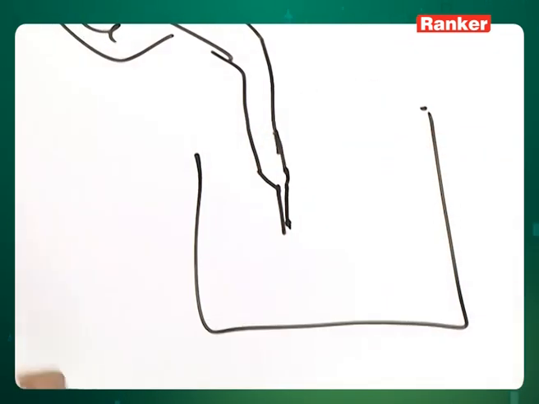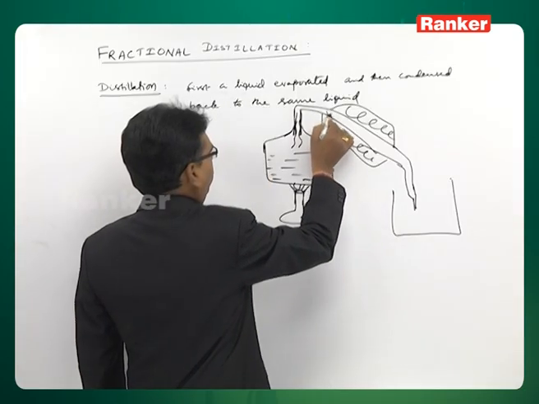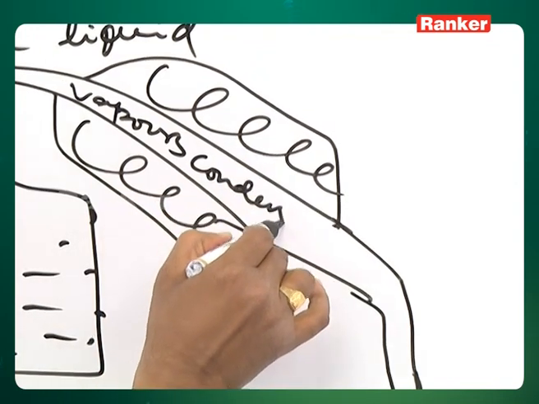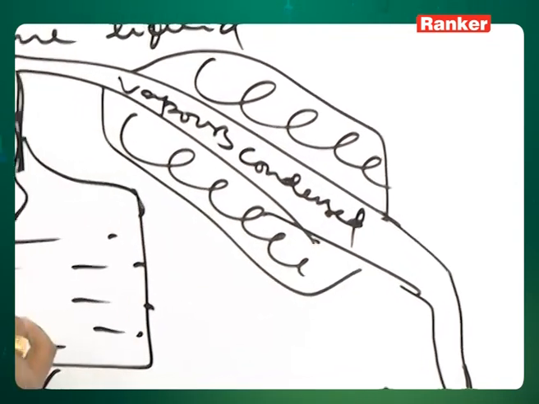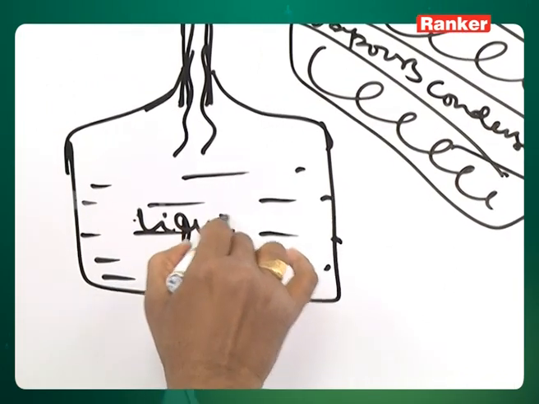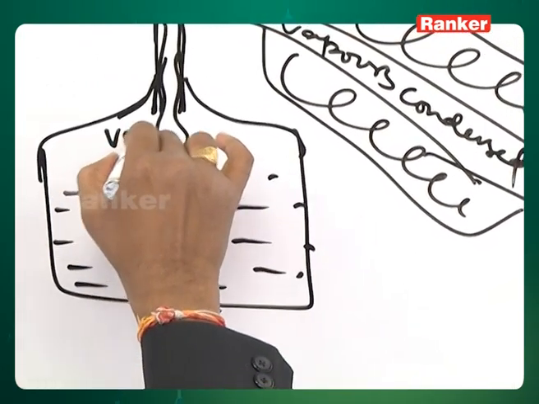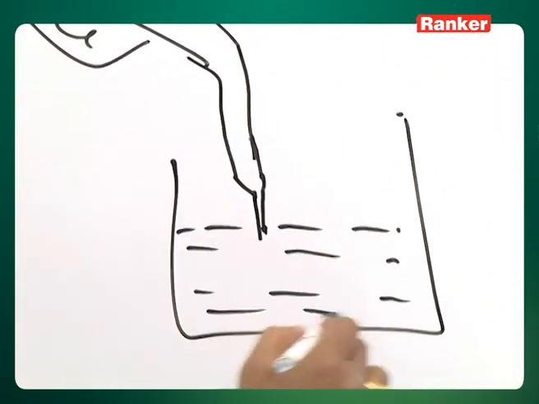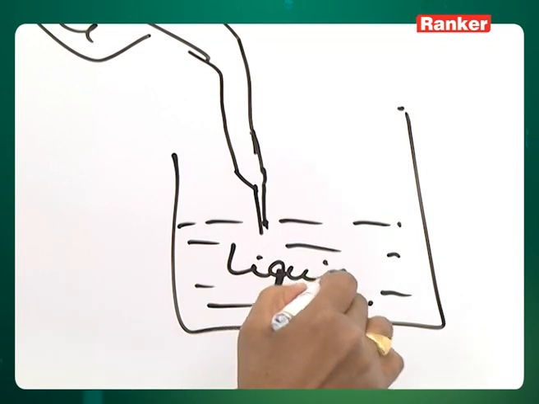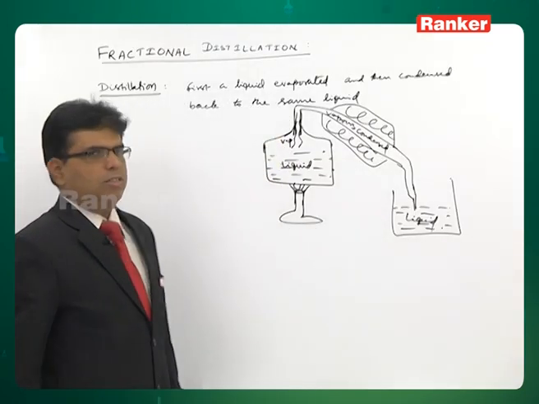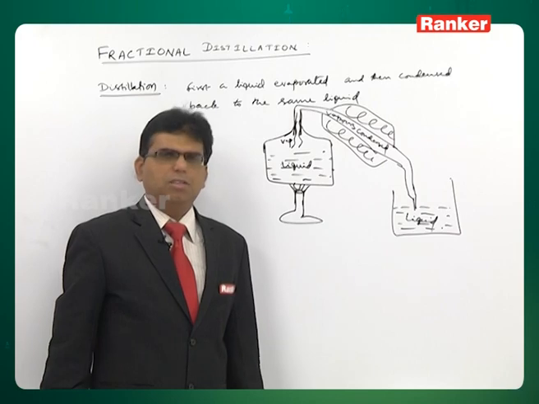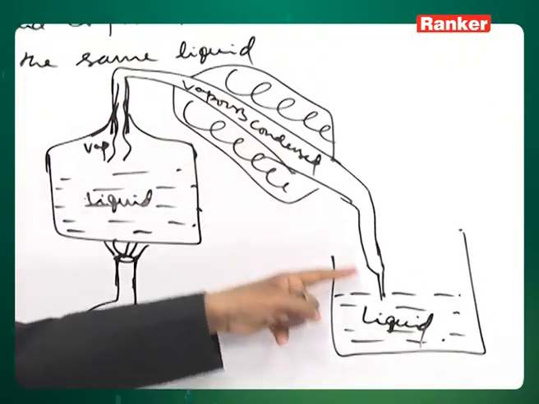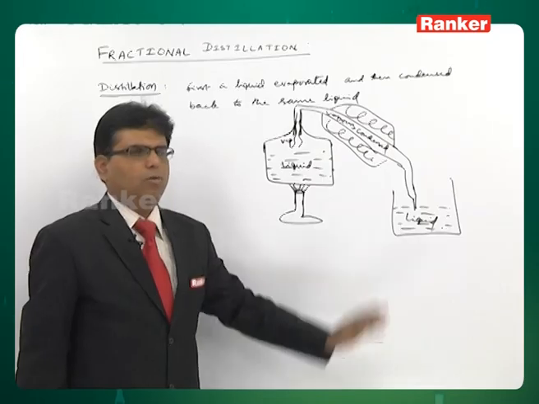The vapors are condensed here, this is liquid, this is vapor, the vapor is condensed, and here again you will get back liquid. This is the simple distillation technique. First the liquid is evaporated, those vapors are condensed, and again you will get the liquid.